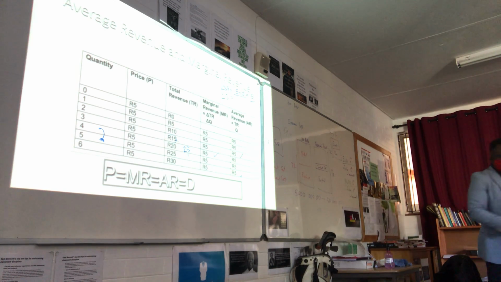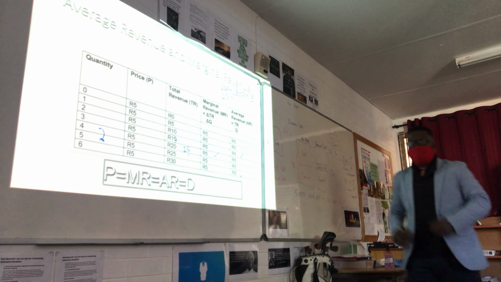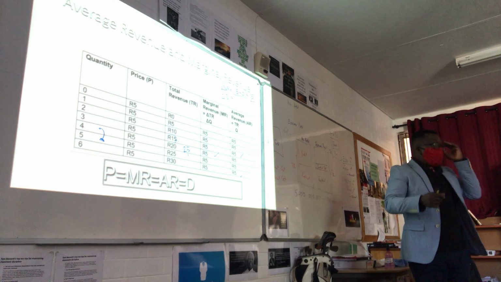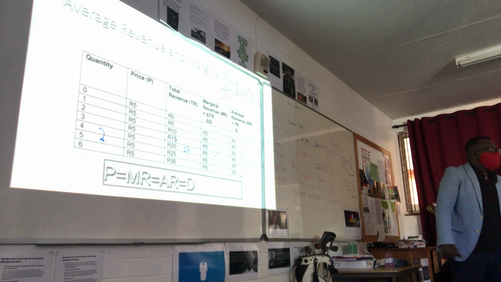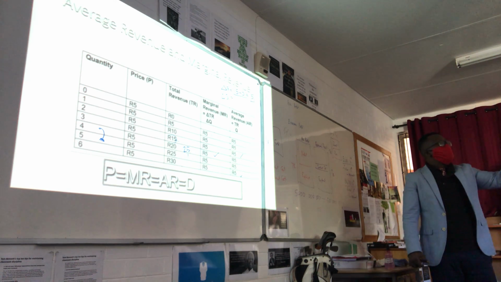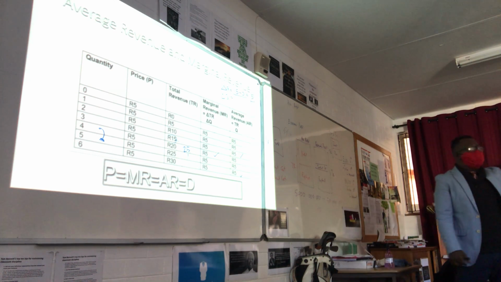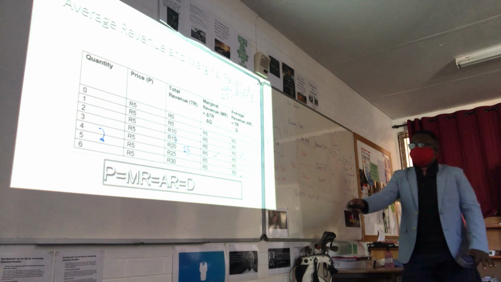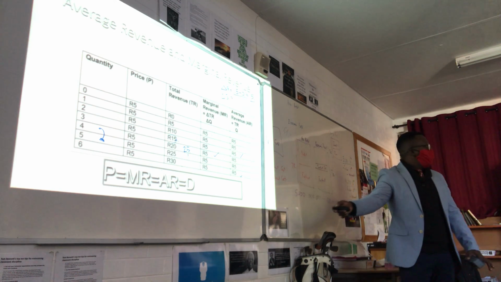In perfect markets, yes, Mr. Zulus. If you go back to that graph, P is equal to D, equal to MR, equal to AR. So this is what I learned when I was in varsity.